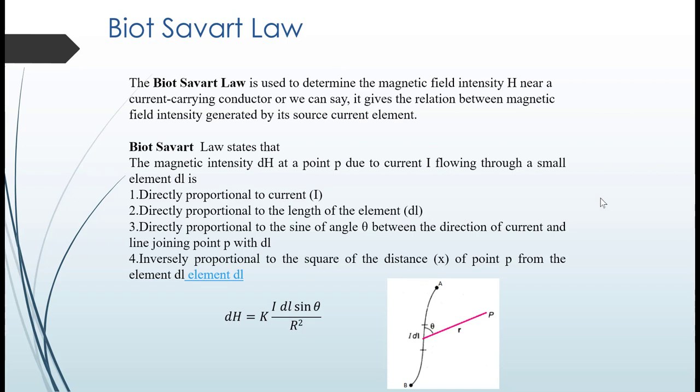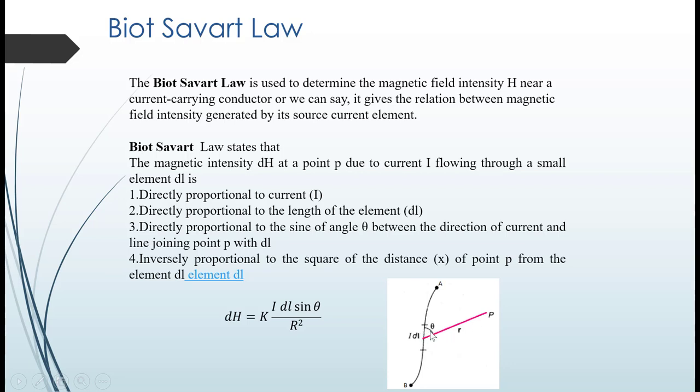The Biot-Savart law states that the magnetic field intensity at point P due to current I flowing through a small element dl is directly proportional to the current I in amperes. It is also directly proportional to the length of the element, dl. It is directly proportional to the sine of angle theta between the direction of the current and the line joining point P with dl.